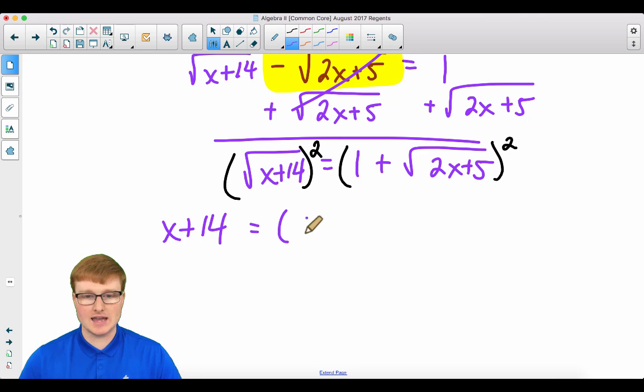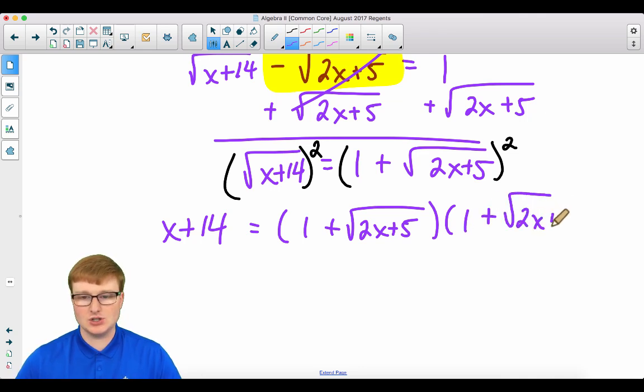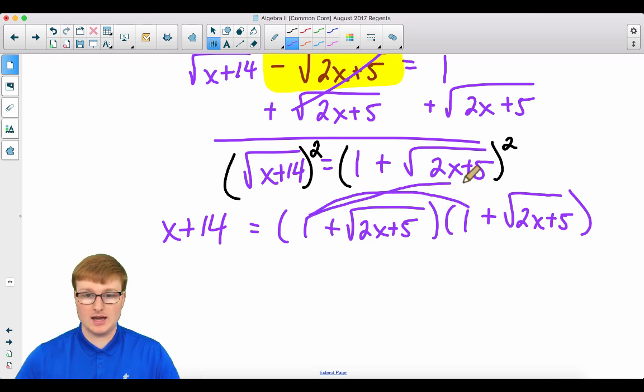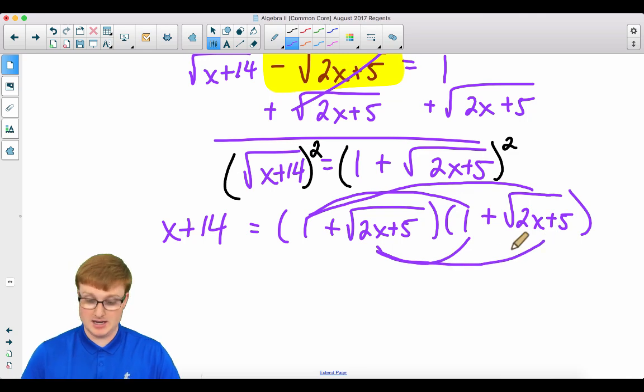So this is really saying 1 plus the square root of 2x plus 5, times 1 plus the square root of 2x plus 5. So now what we are going to do is simply distribute. So it's the 1 times the 1, plus the 1 times the square root of 2x plus 5, plus the square root of 2x plus 5 times the 1, plus the square root of 2x plus 5 times the square root of 2x plus 5.